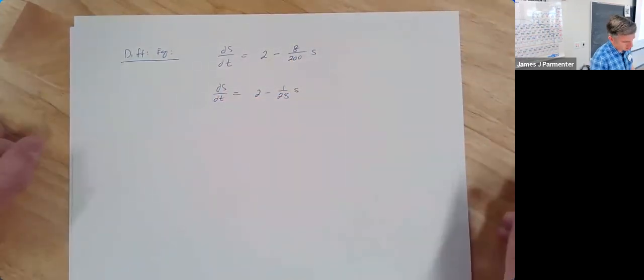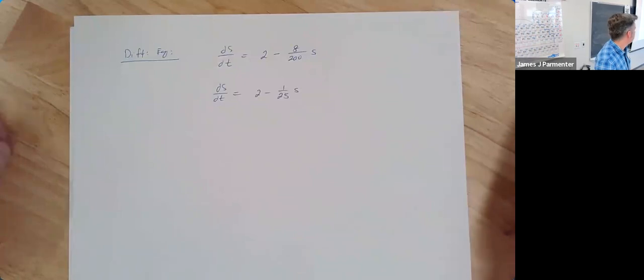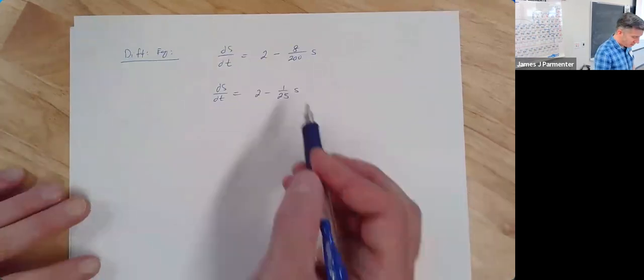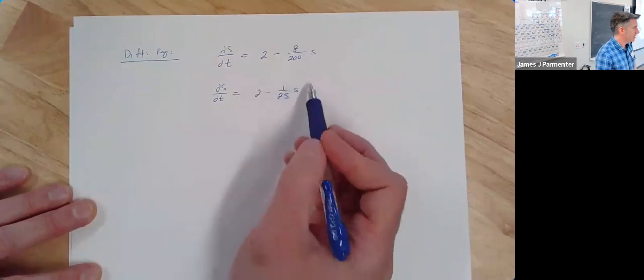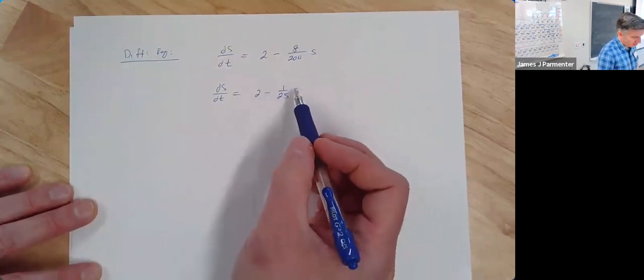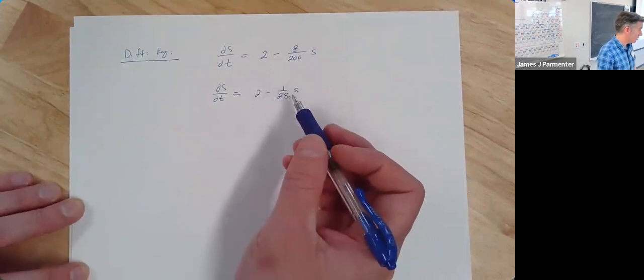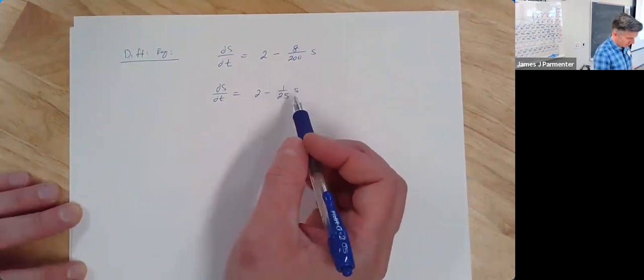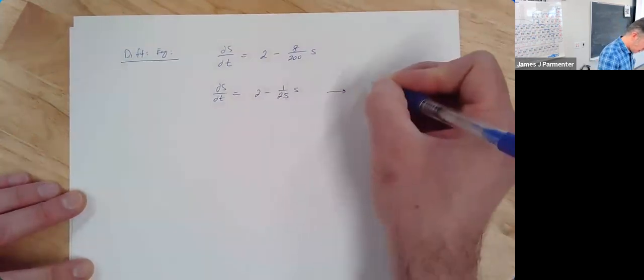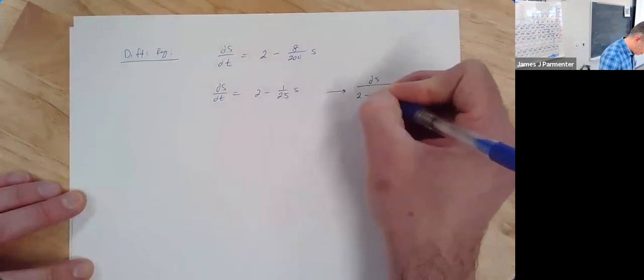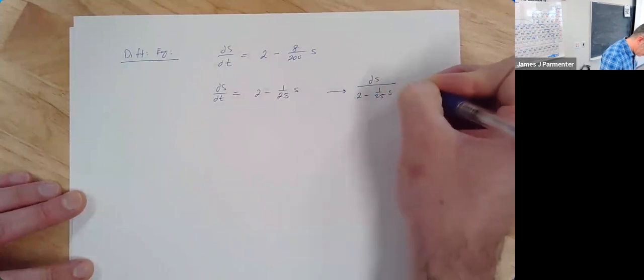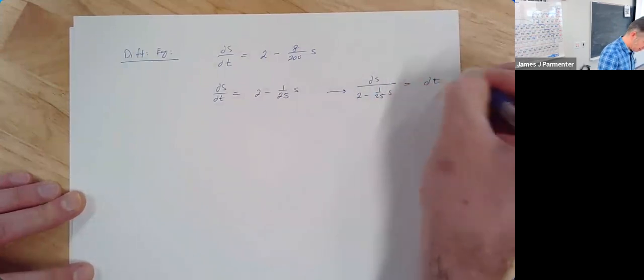Now, you kind of have a choice here, and I usually like to make the choice to make my life a little bit easier. I'm going to have to divide both sides by all of this. I would rather make it a little simpler by getting a common denominator. You could totally say, I'm going to do ds over 2 minus 1 over 25 s equal to dt.